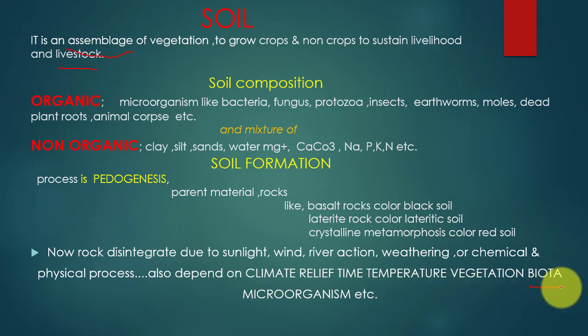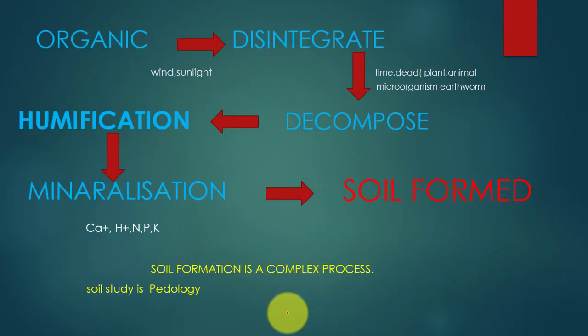Biota means flora and fauna, or all microorganisms, etc. There are lots of things which the soil formation depends on, like the landscape or landform and vegetation, and these different agents in our environment are really good for our biodiversity. Now, how does the process go to form soil?